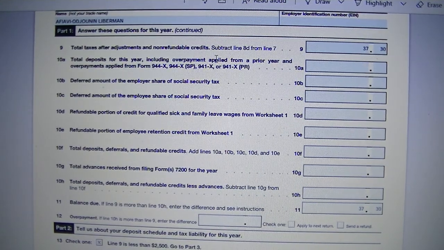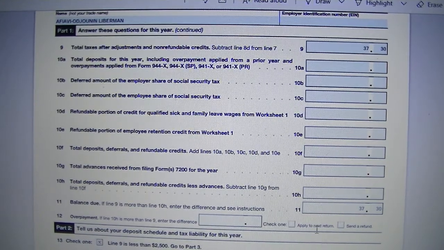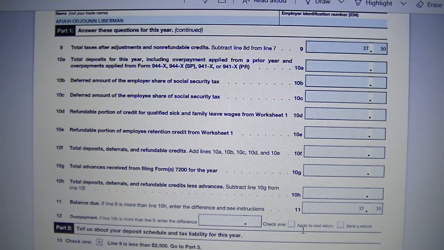That's why on line 10A they ask total deposits from prior year. So if you are applying toward the next return and you check that box, keep in mind that you have to put it on 10A next year when you file Form 944. Or you check the box to ask them to send you a refund. So if you have an overpayment, you put it on line 12. In our case, we have a balance due, tax liability of $37.30, and we put it on line 11.